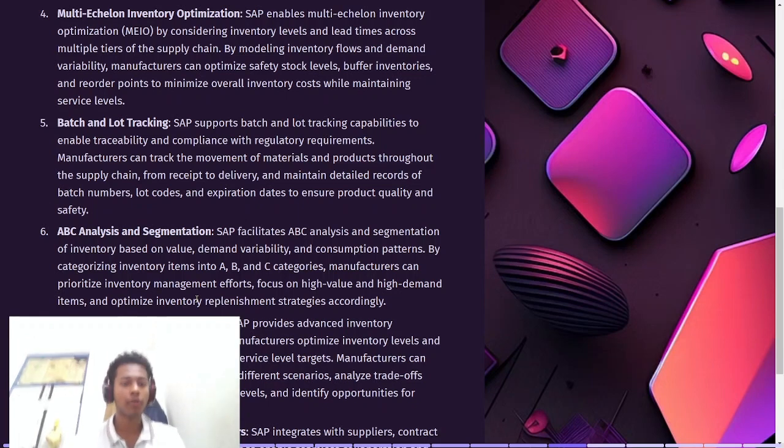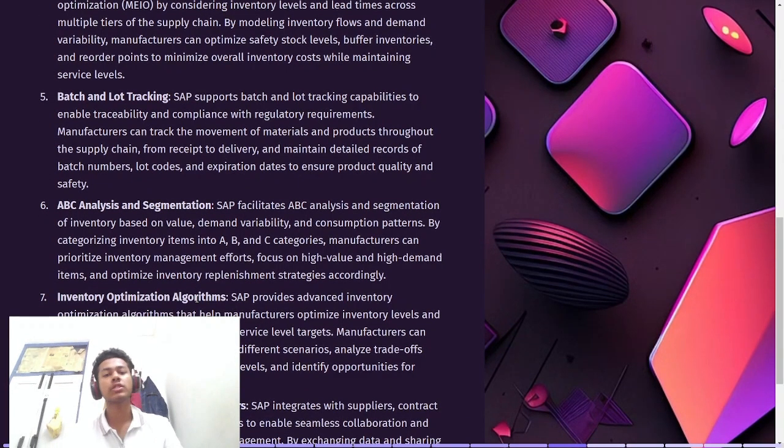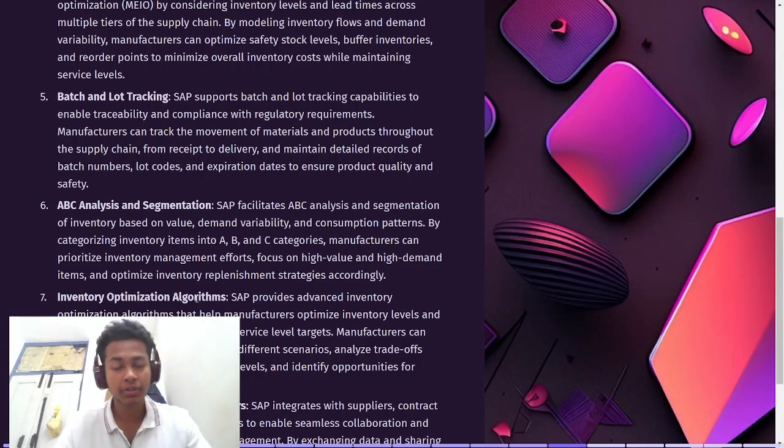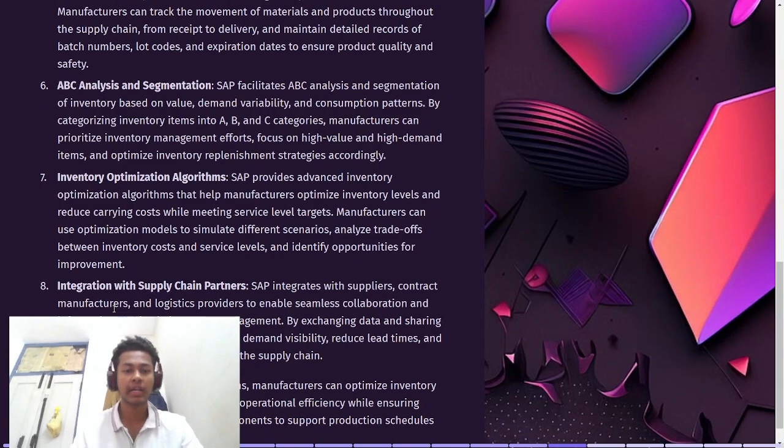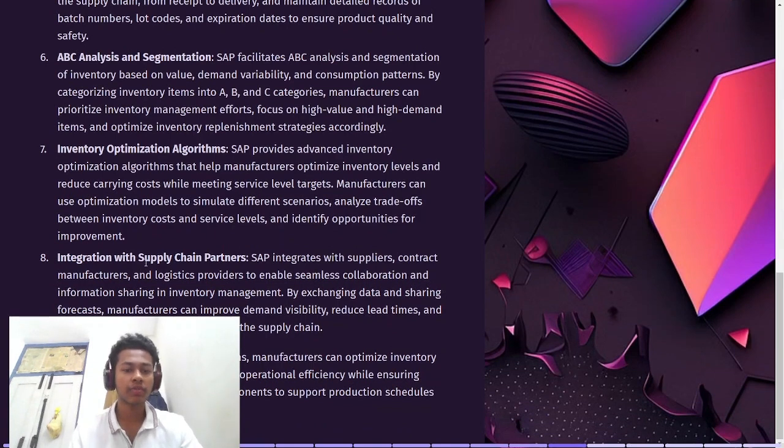Inventory optimization algorithms. Sometimes humans cannot do their best to get the resupplies and so on, so they will use inventory optimization algorithms, which are in SAP, to help with stock management. So, integration with supply chain partners.